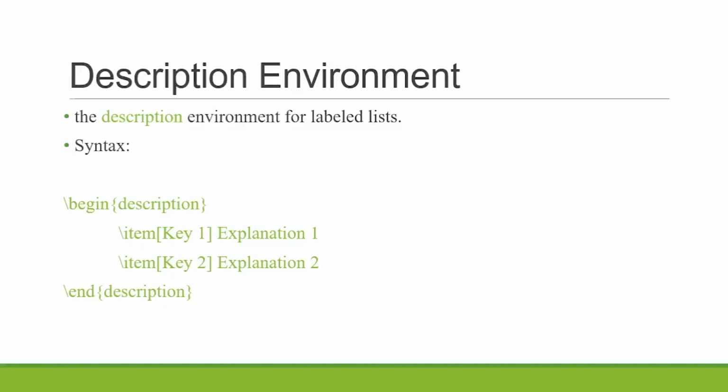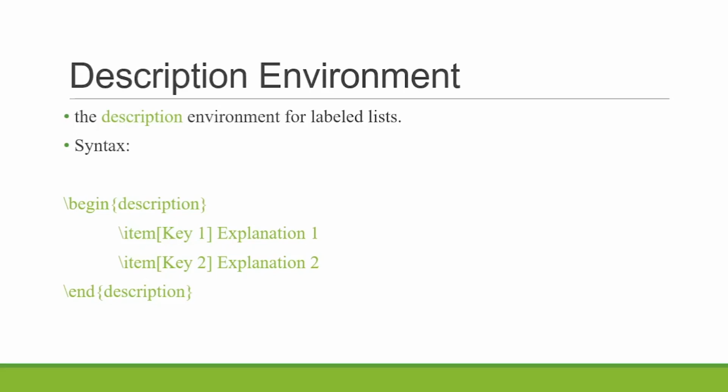In LaTeX, the description environment is used to create labeled lists where each item has a custom label. Here's the syntax: \begin in curly brackets description. Within this environment, use the \item command with a label in square brackets followed by the corresponding explanation.